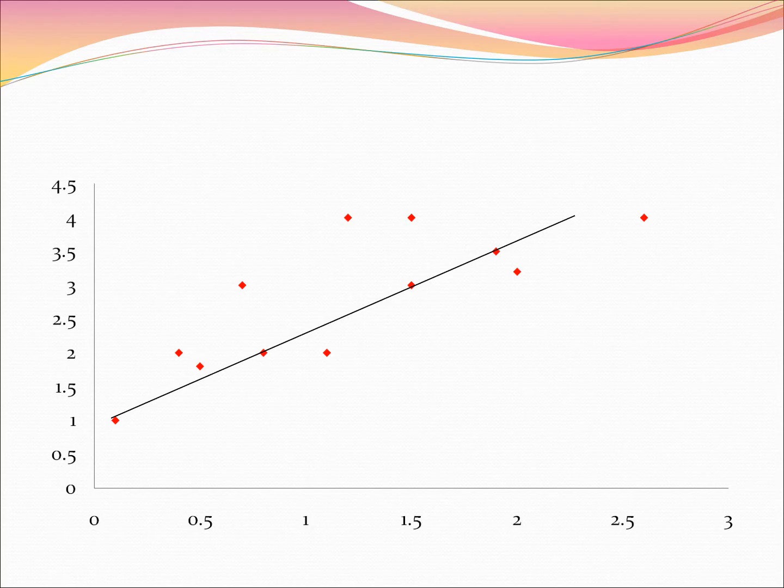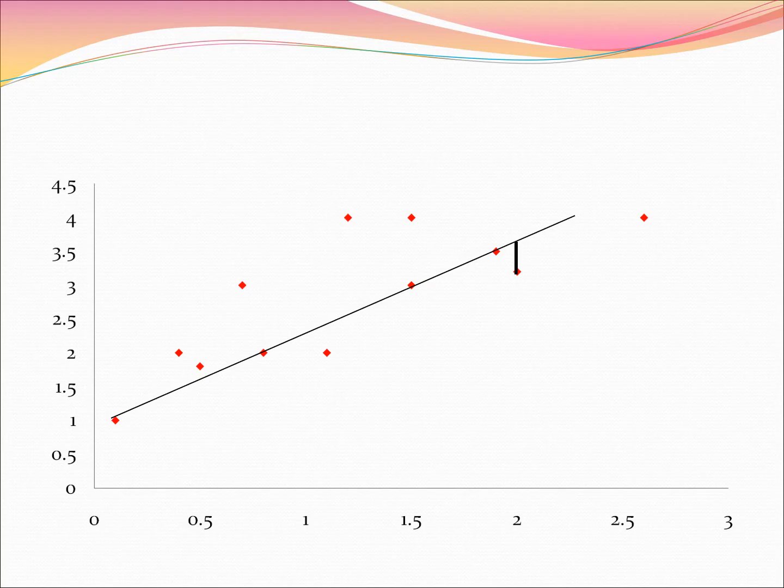Now, when I say that I can find out the distance or the difference of every point from the line and minimize it, the distance can be measured in two ways. It can either be parallel to the x-axis for a particular point, or it can be parallel to the y-axis.